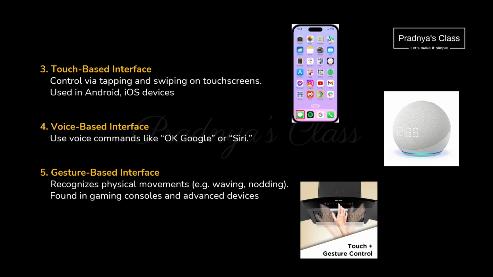Let's discuss that. Here is the third one, the touch based interface, the interface which you see in mobiles. Then we have the voice based interface, just like when we give voice commands to Alexa or Siri. There is one more fascinating and interesting interface called the gesture based interface. It is based on physical movements like waving your hand or nodding.